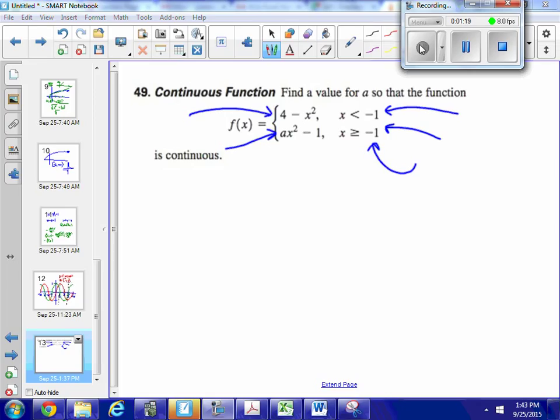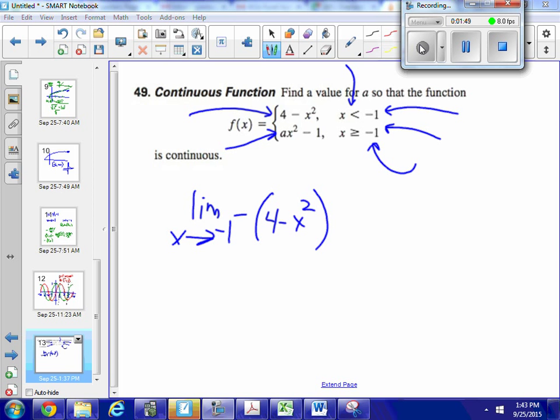So first I'm going to look at the function that doesn't have the a, and let's see what kind of information I have. So I want to find out what is the limit as x approaches -1 from the negative side, because that's saying that x is less than -1, of the function 4 minus x squared. Well, I know it's a continuous function, so I can substitute in -1 here.